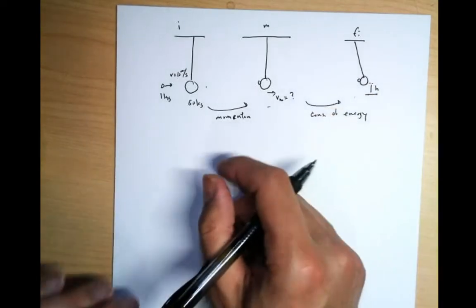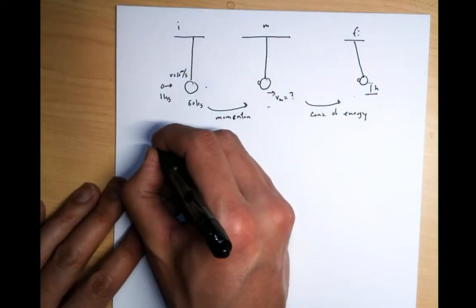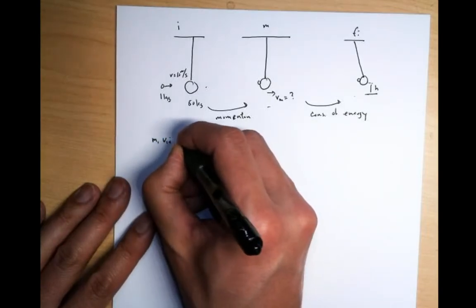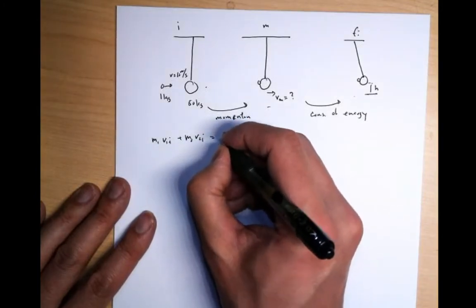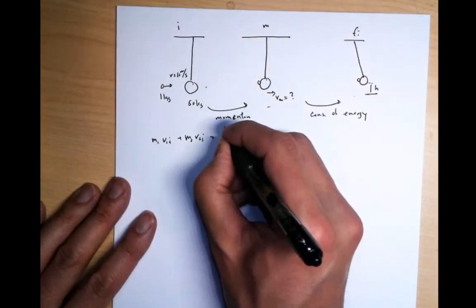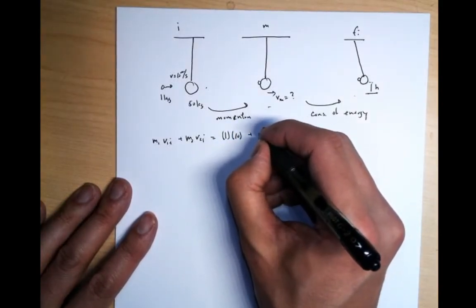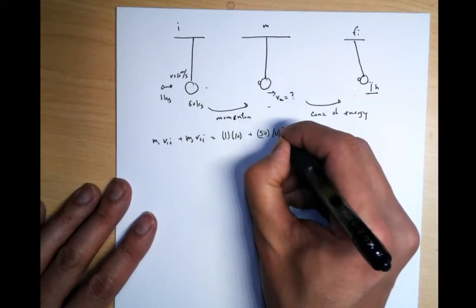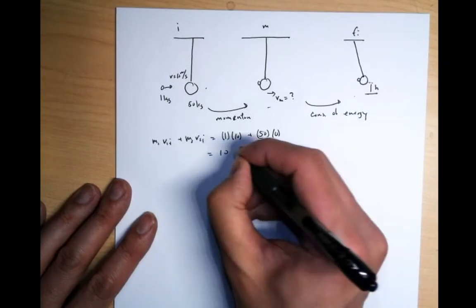Okay? So let's go ahead and work out some detail here. M1 V1 initial plus M2 V2 initial is going to be equal to, this was 1 kilogram, this was 10 meters per second, plus this is 50, I believe, times 0. So that's just simply equal to 10.